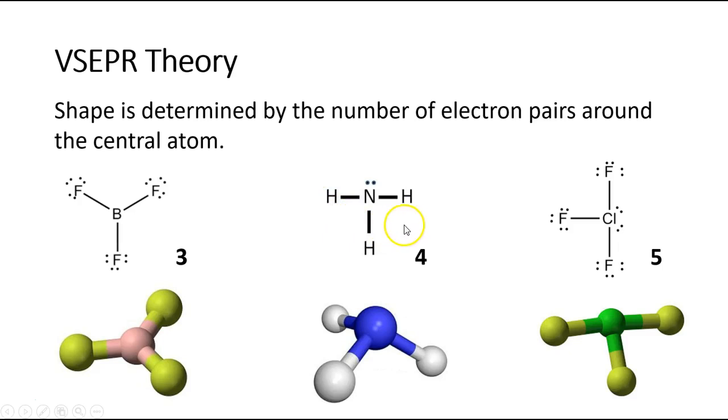In ammonia, there are 4 electron pairs, 3 of which are bonding and 1 of which is non-bonding. In chlorine trifluoride, which is one of the types of molecules that has an expanded octet, there are actually 5 electron pairs around the central chlorine atom, 3 of which are bonding and 2 of which are non-bonding.